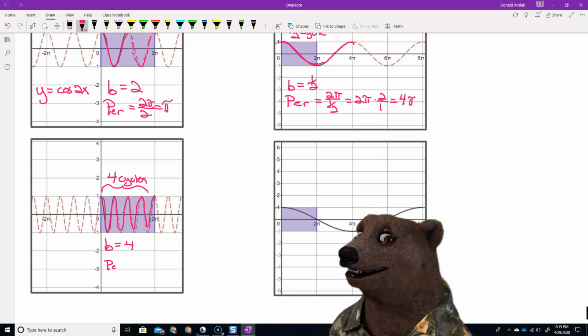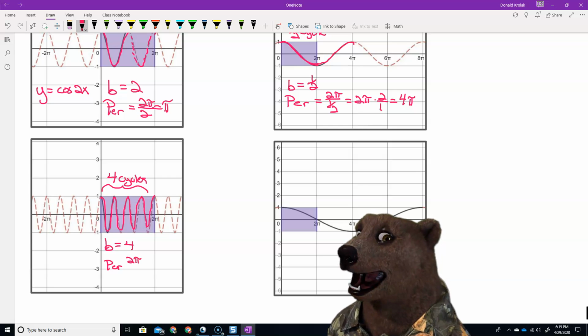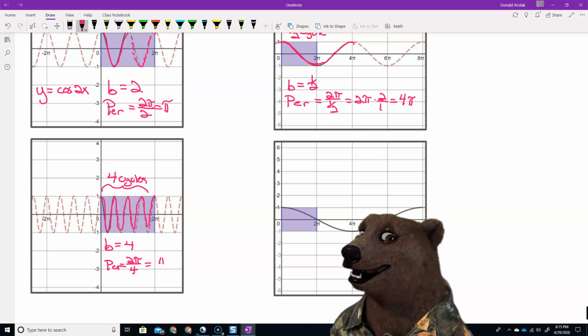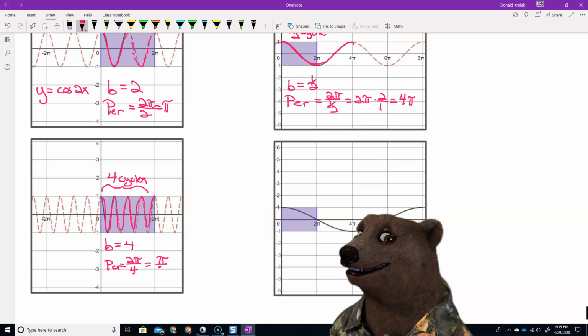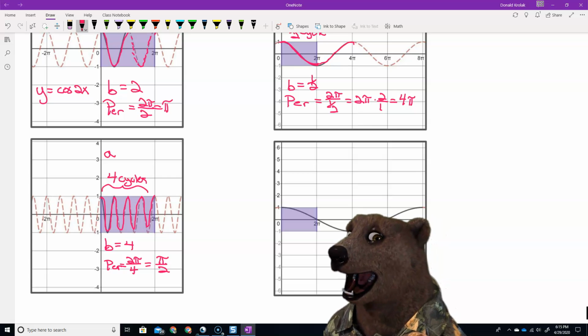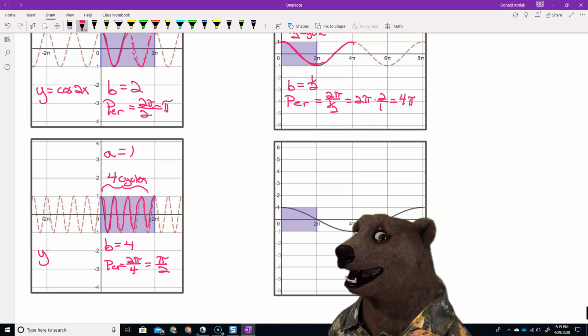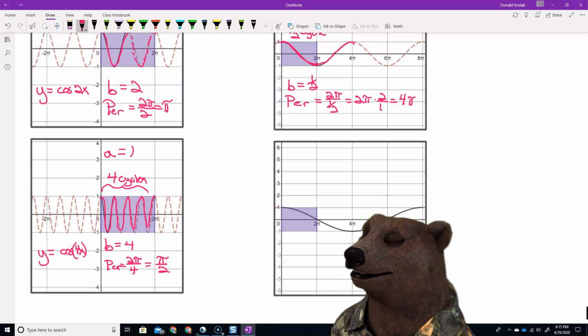So my period is going to be 2 pi divided by 4, which is equal to pi over 2. A is still 1, so my equation is 1 cosine 4x, because I see 4 cycles between 0 and 2 pi.